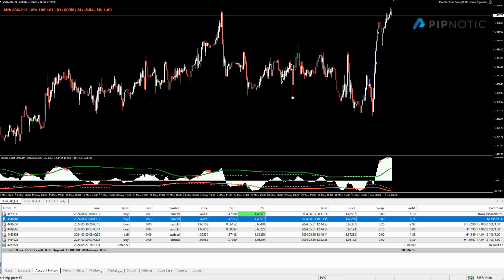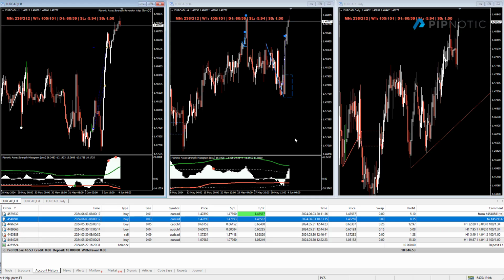The reason this is happening is because when we decided to get into this trade last night right here, when we started to go north, the cycles on the bigger time frames are much bigger than they are on the smaller time frames.